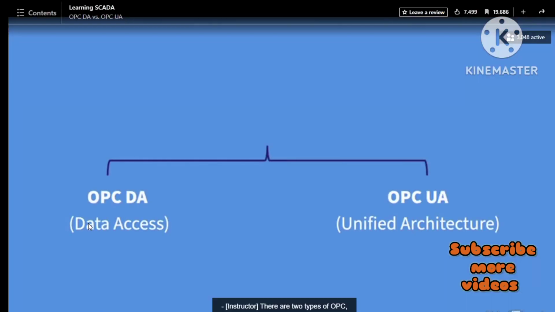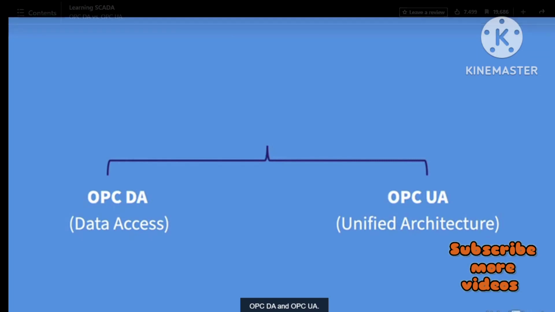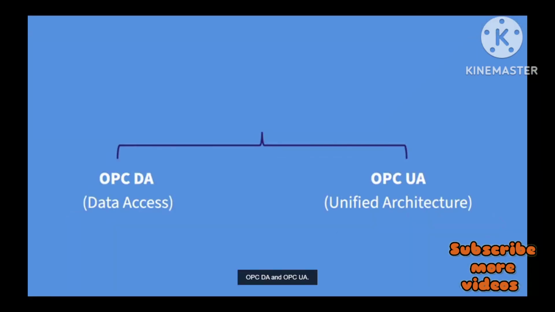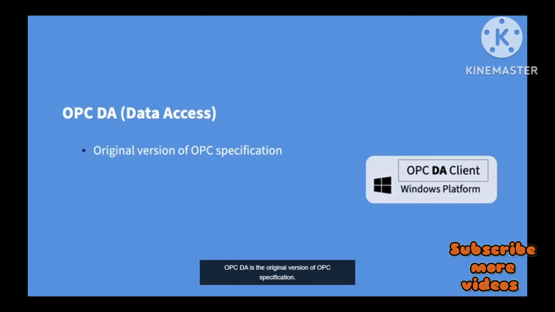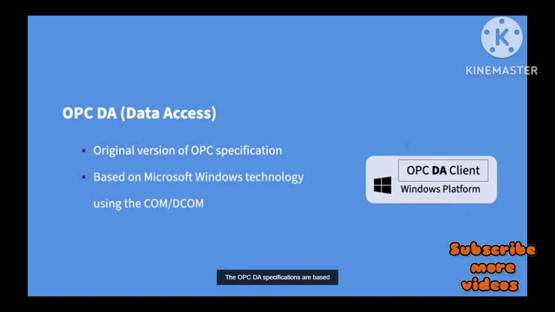There are two types of OPC, OPC-DA and OPC-UA. OPC-DA is the original version of OPC specification. The OPC-DA specifications are based on Microsoft Windows technology using the COM and DCOM for the exchange of data between software components.